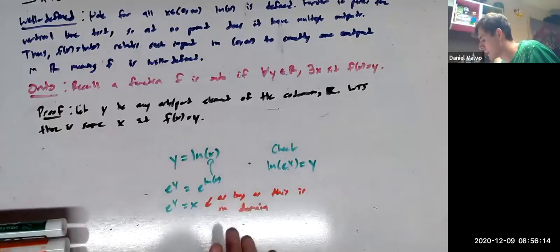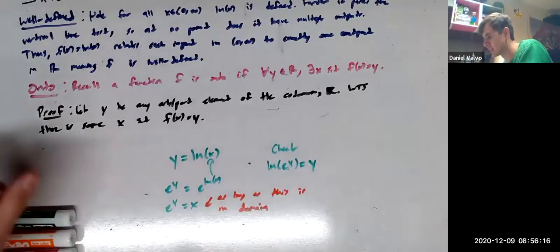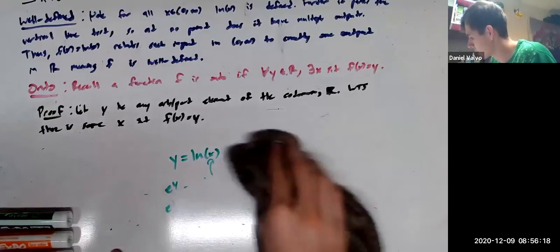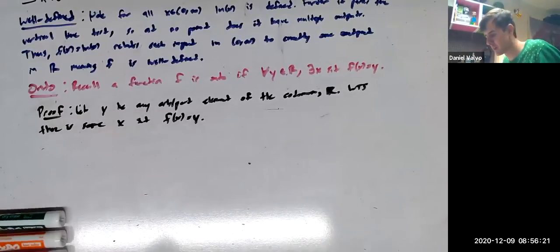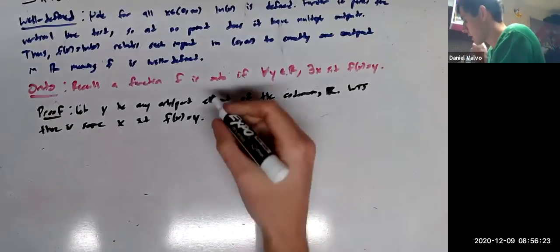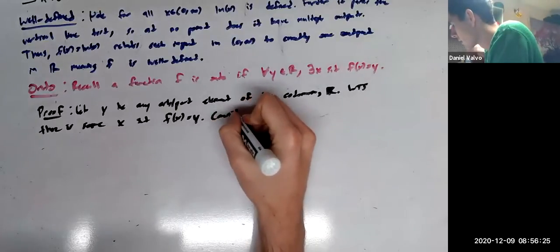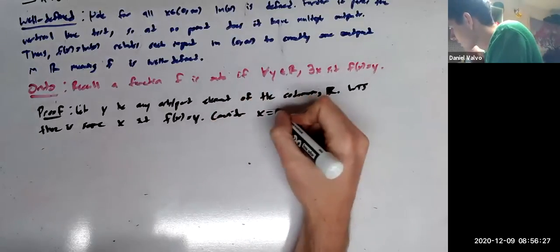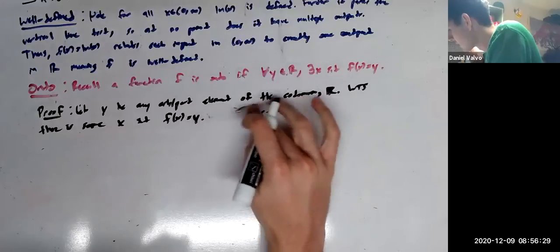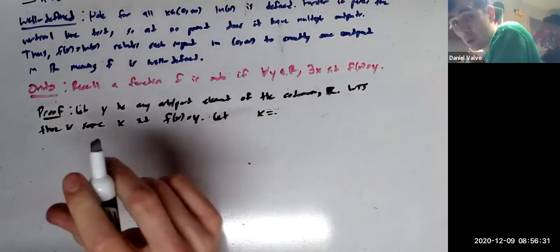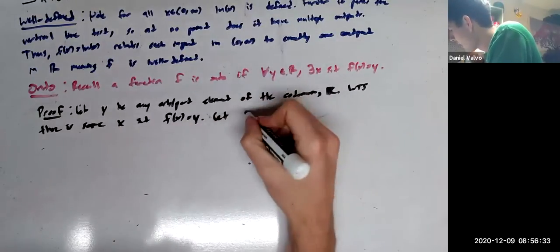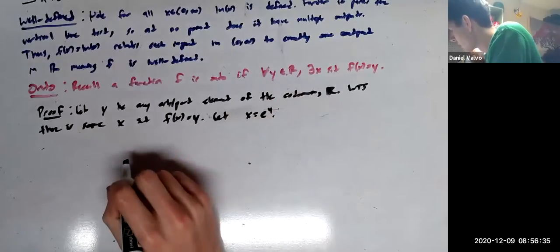So the only thing we have to prove is that e to the y is actually between 0 and infinity. That's going to be essential. So we're going to let x equal e to the y.